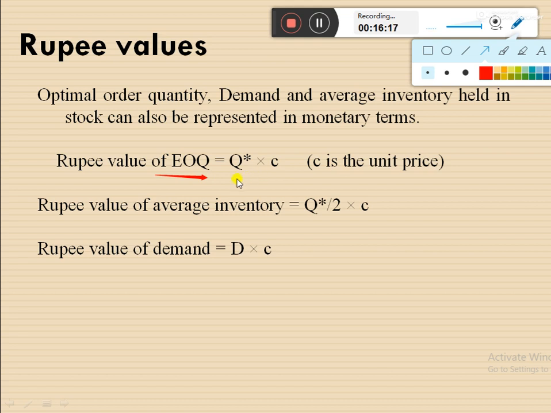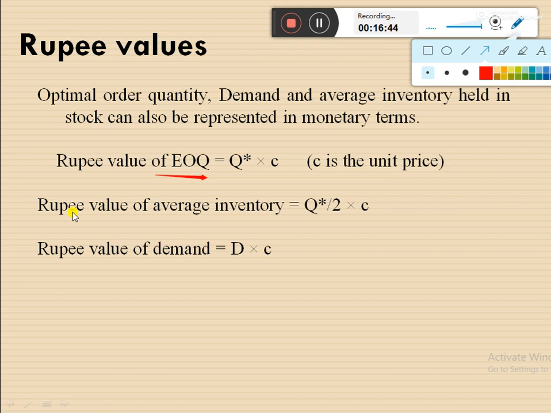Suppose Q is equal to 500 units and C is equal to 10 rupees per unit. In that case the economic order quantity would be equal to 500 into 10, that is 5000 rupees. So if we want to convert economic order quantity into rupee terms, simply multiply economic order quantity with the unit price of the item.